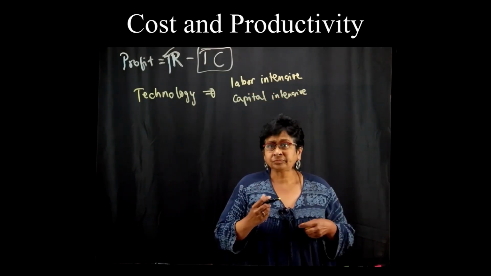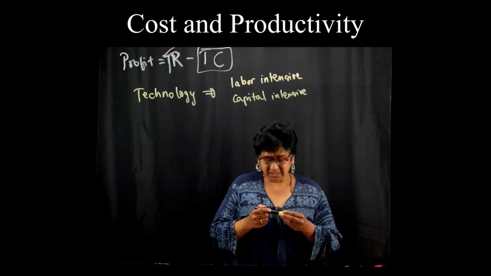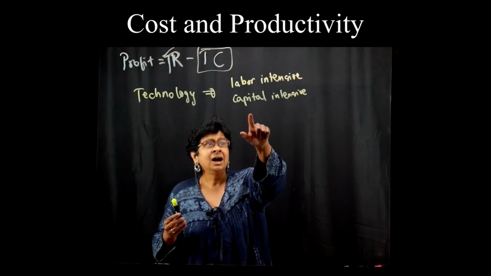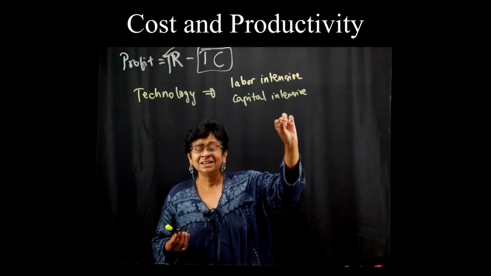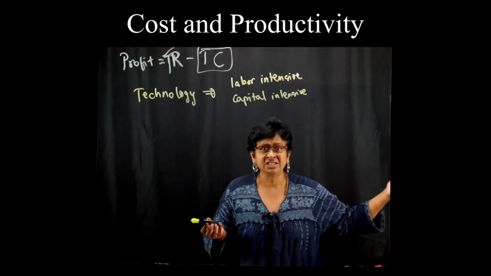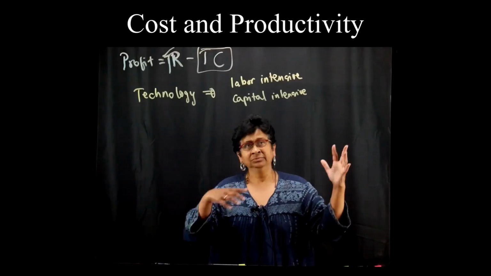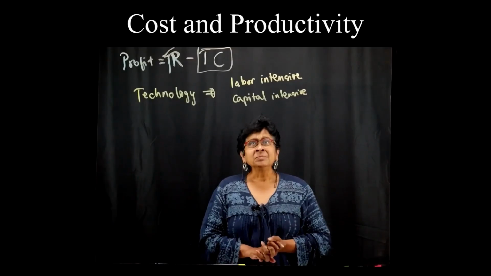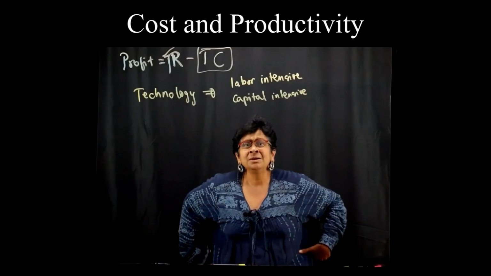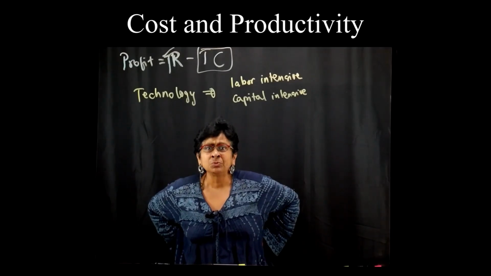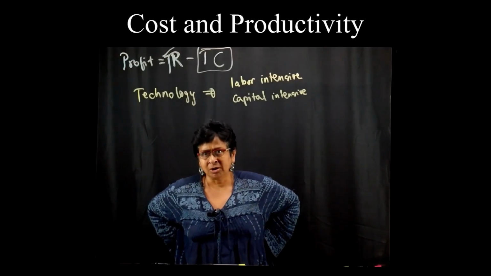There are also debates about whether certain modes of production or technologies are over-dependent on extractive resources, so renewable, less renewable, more renewable. But the difference between labor-intensive and capital-intensive isn't actually about whether something is modern or not.